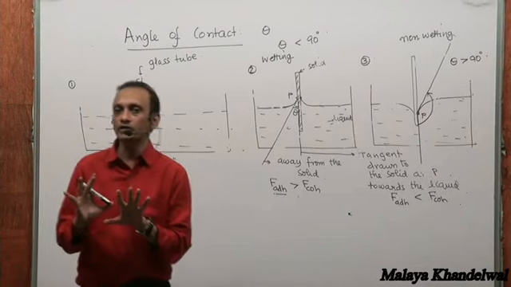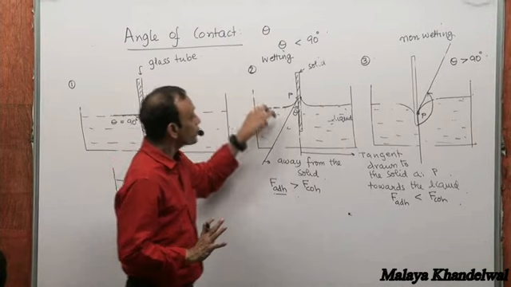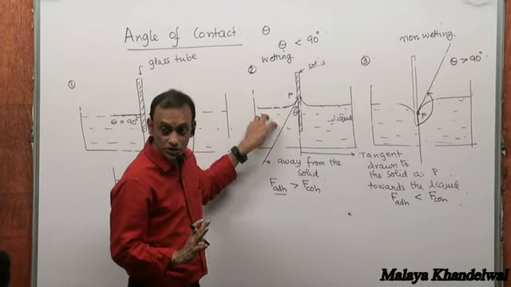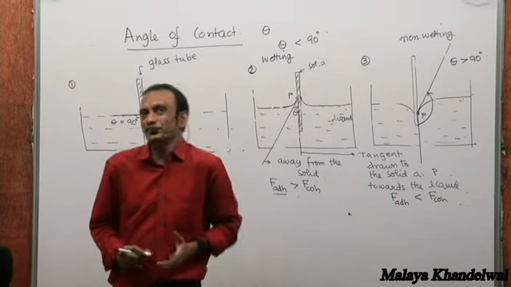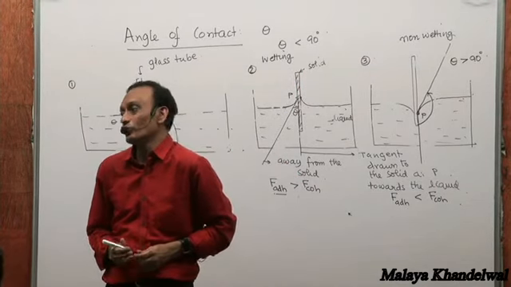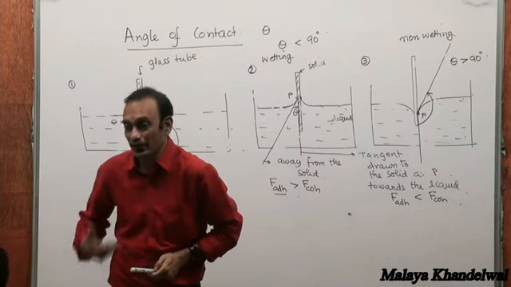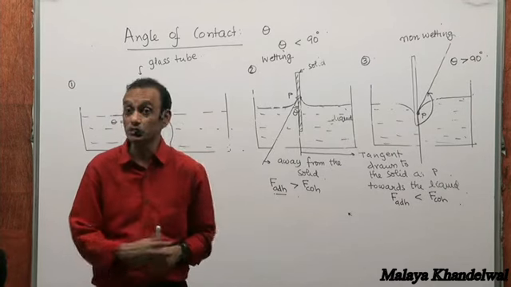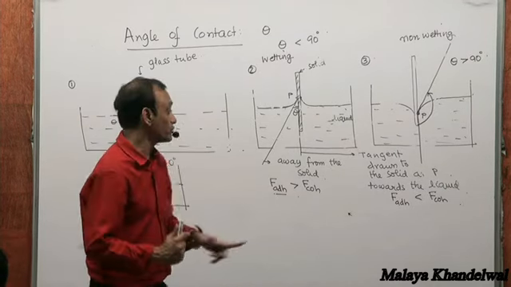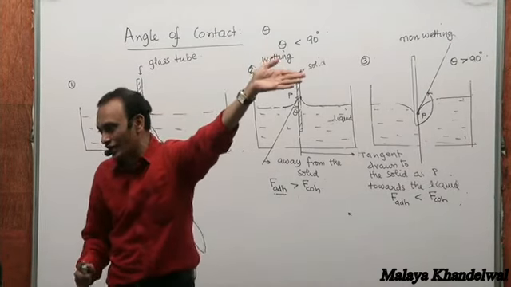So angle of contact depends on very many factors. Essentially it depends on the properties of this medium and the solid. It's not that I give you a liquid and it will have the same angle of contact with all solids. It will also depend on the solid that I am immersing, because that solid could have adhesive forces different from those of some other solid.